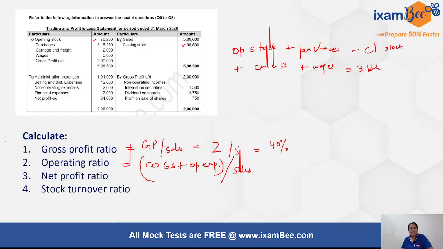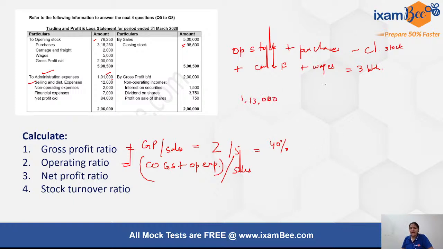There are two things that will be included in my operating expense. One will be my administrative expenses, and the other will be my selling and distribution expenses. So these two, 1 lakh 1,000 and 12,000, these will add up to be my OPEX expenses, which will be 1 lakh 13,000. Okay, so that becomes my total, right?